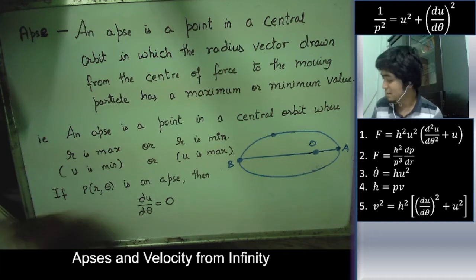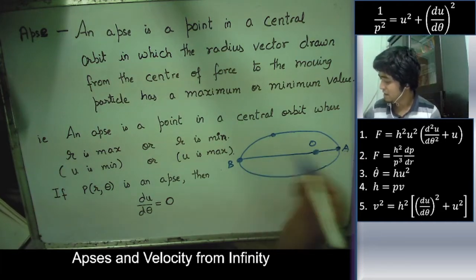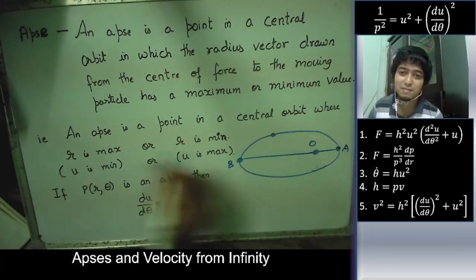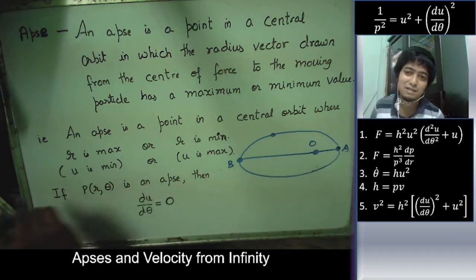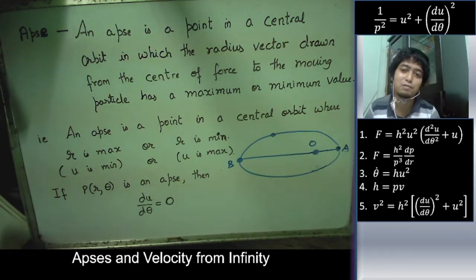So I hope that is clear. Over here we have the apse to be A and B. Sometimes you can have only one apse, or 2 or 3, depending.